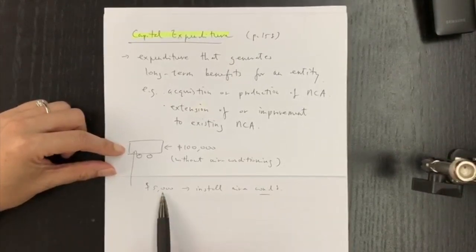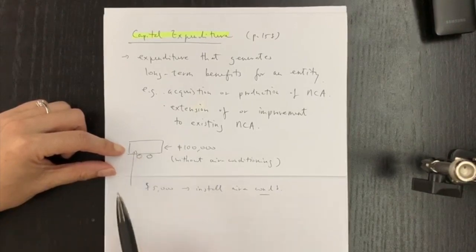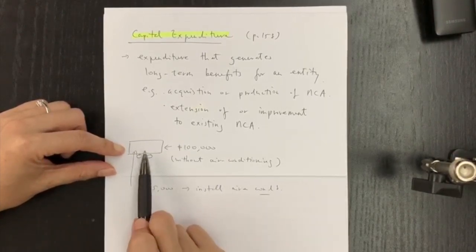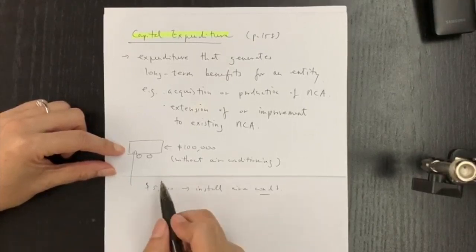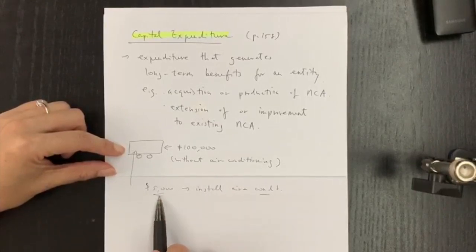if we spend 5,000 to install air conditioning into this motor vehicle, that means the condition of the motor vehicle after the air conditioning will be much better than before. So this 5,000 should be part of the cost of the motor vehicle. This 5,000 should also be counted as capital expenditure.